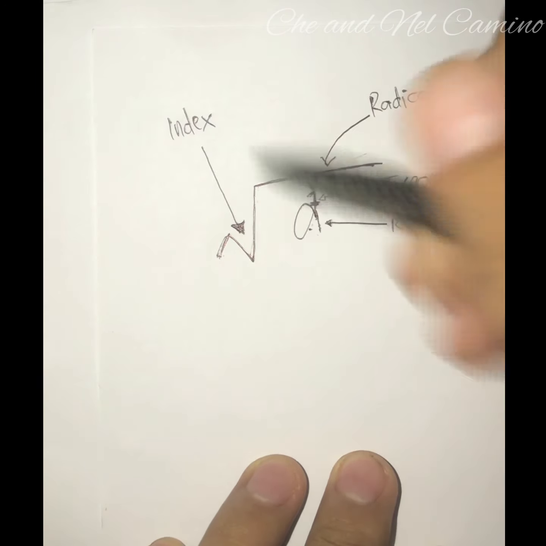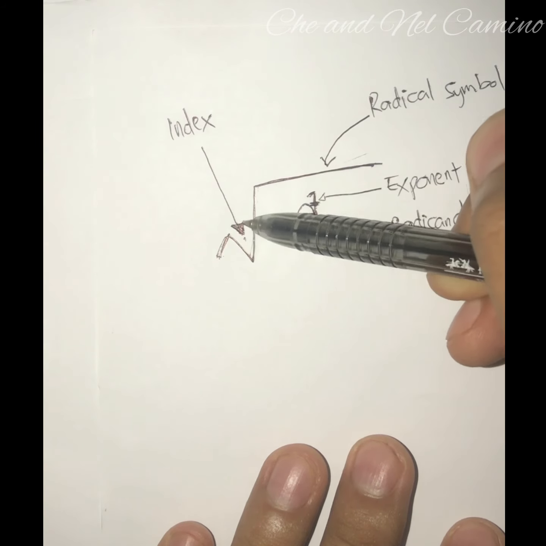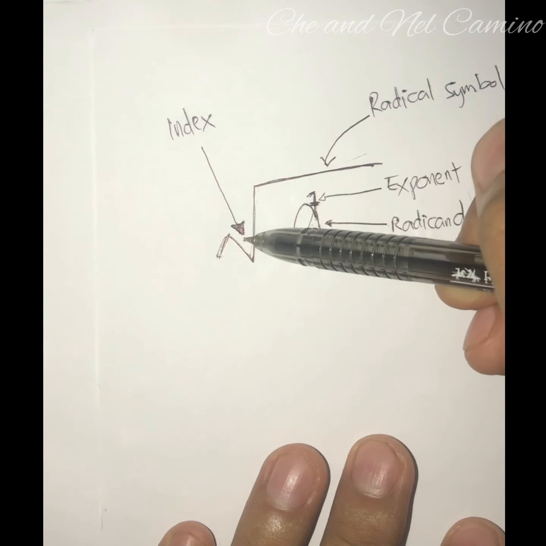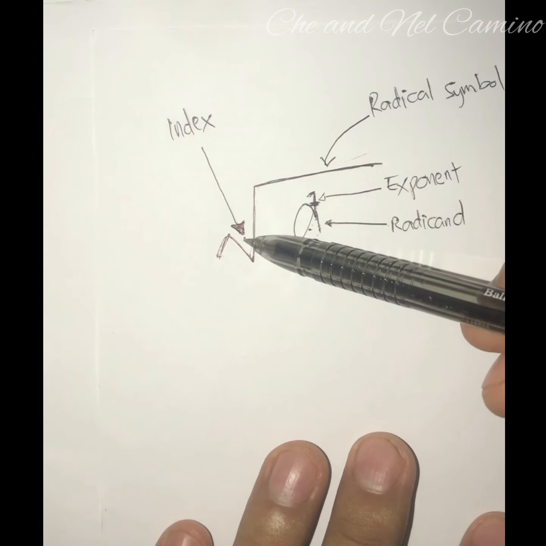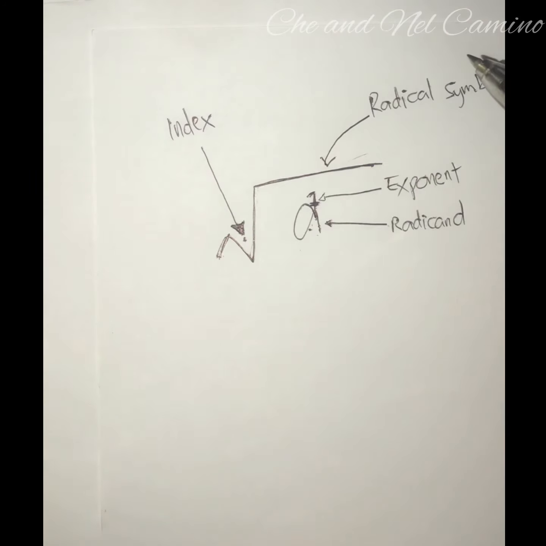Okay, since you cannot see any numbers here, that is understood that our index is 2, because 2 here is invisible. I think that is clear.